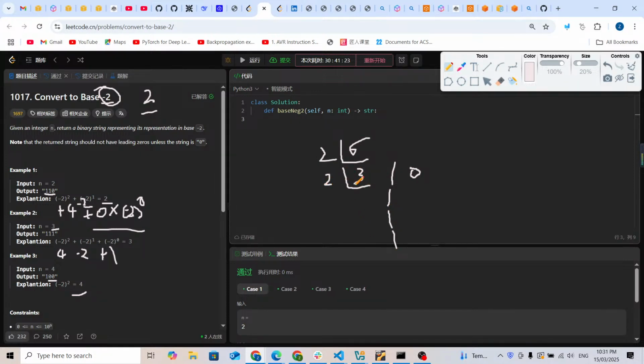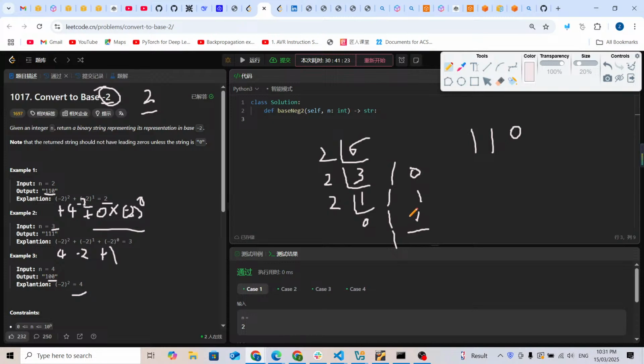The result is going to be 1, and the remainder is going to be 1 as well. Now what's 1 divided by 2? The quotient is going to be 0, and the remainder is going to be 1, itself. So this is the base 2 case instead of -2. So the final answer, instead of 0, 1, 1, we reverse it. It's going to be 1, 1, 0.